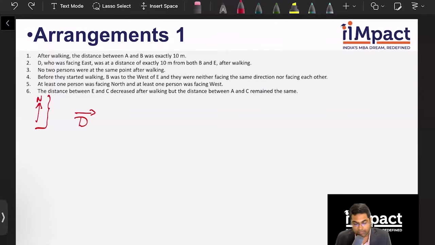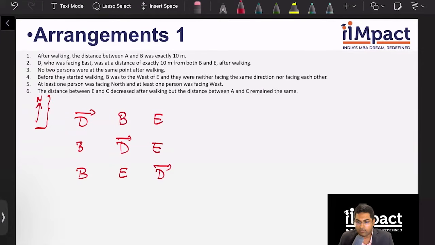So can I just make three cases? Either it would be D, B, and E, or B, D, and E, or B, E, and D. Can I make these three cases? Because I always know that B is to the west of E before starting. Yes? Okay. All right.